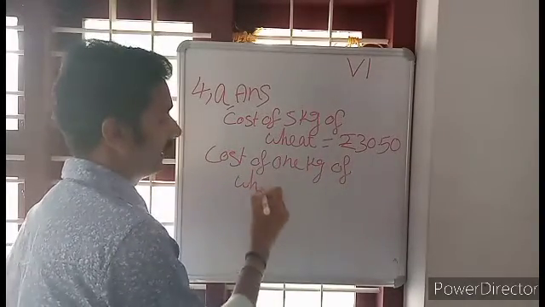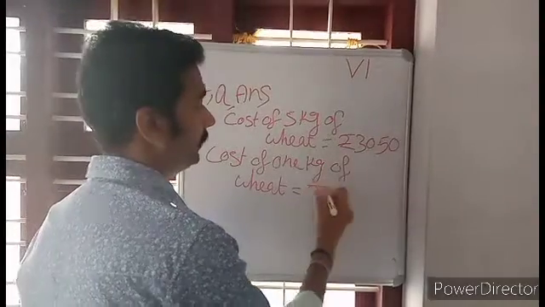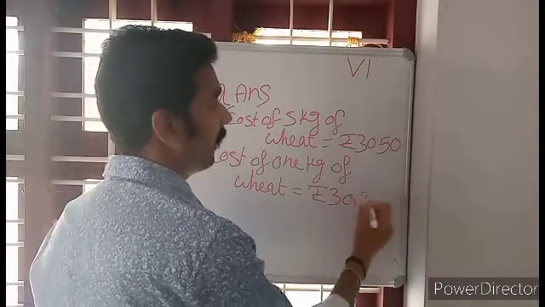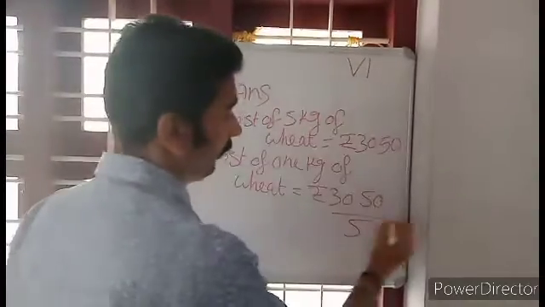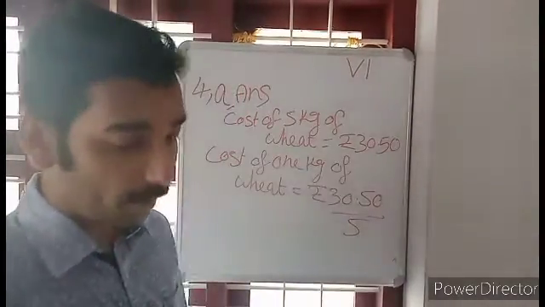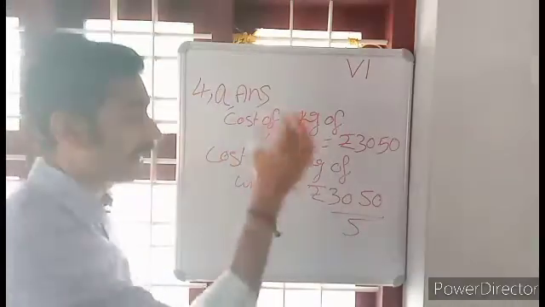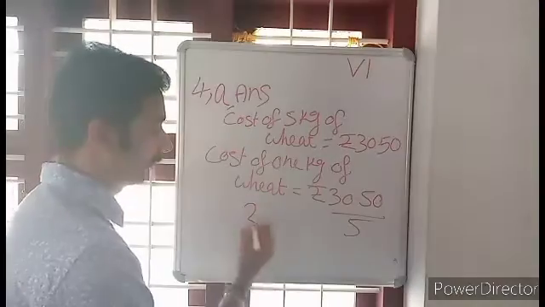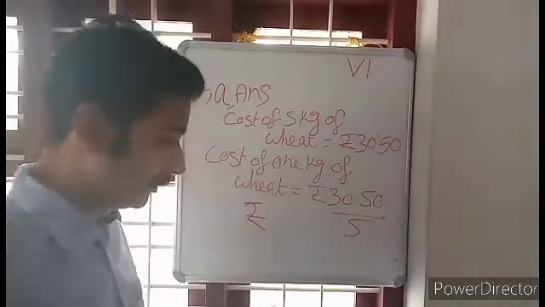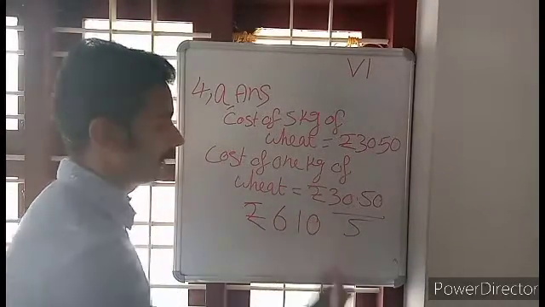That means rupees 30.50 divided by 5. You divide it, you get the result rupees 6.10.